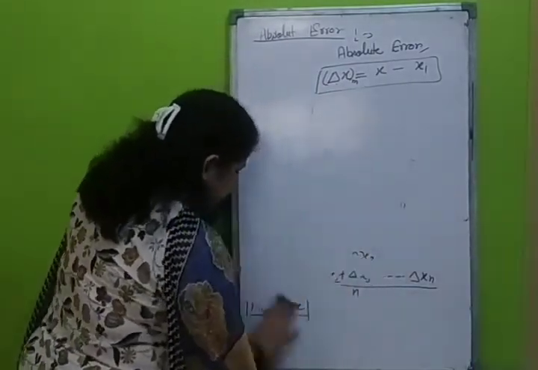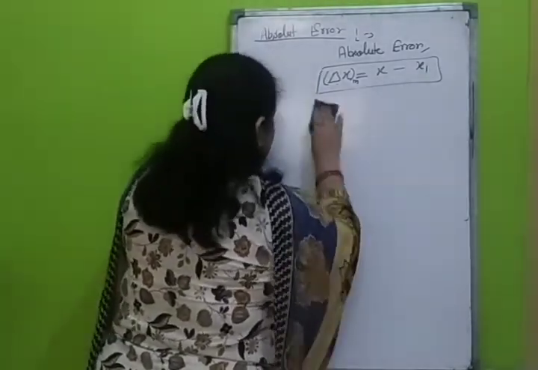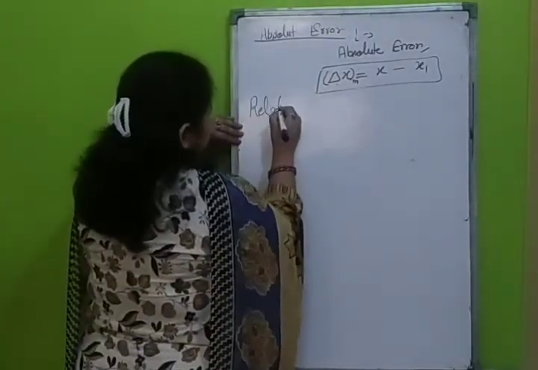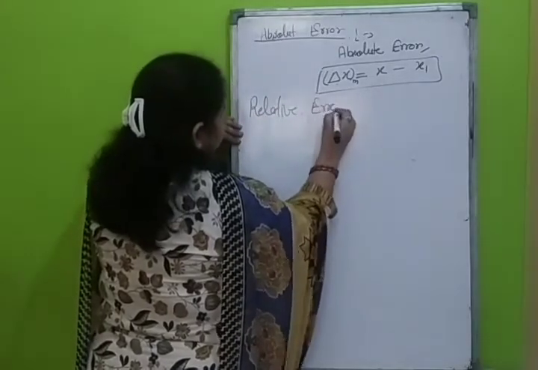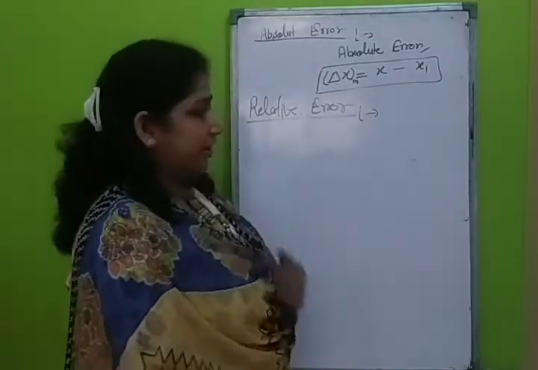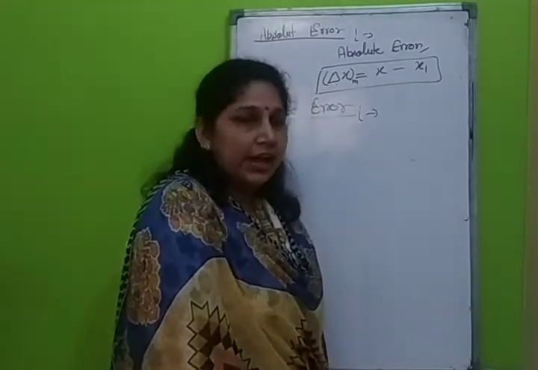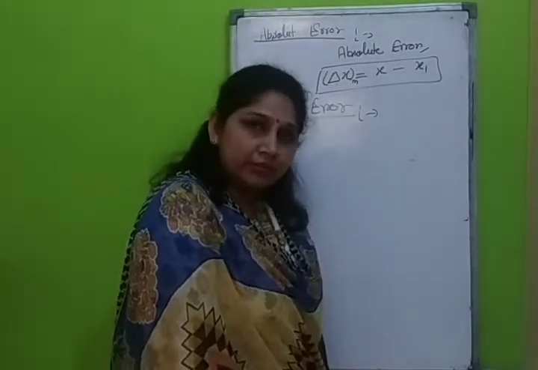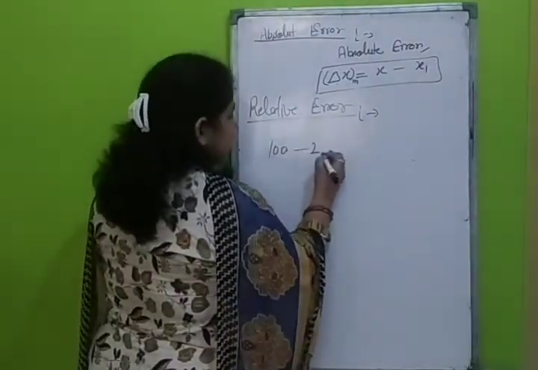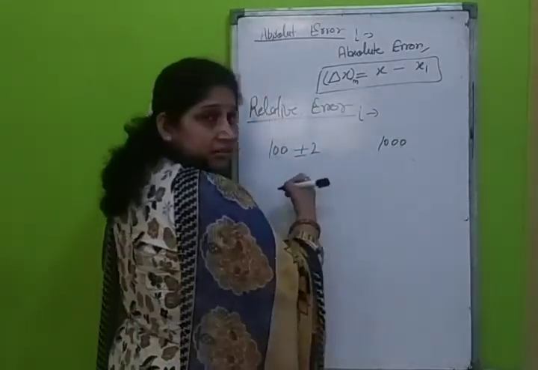Next type of error is relative error. What is the relative error? When we take a 10 meter distance and there is an error of 2 meter. Got it? And another person takes 100 meter with an error of 1 meter.